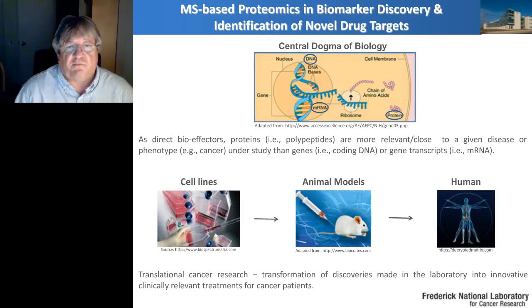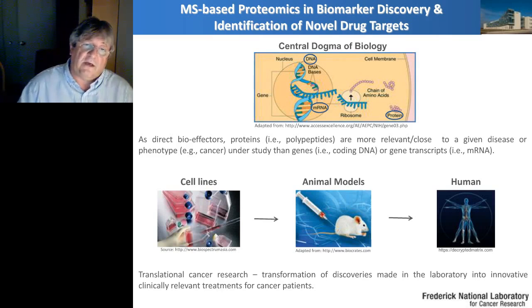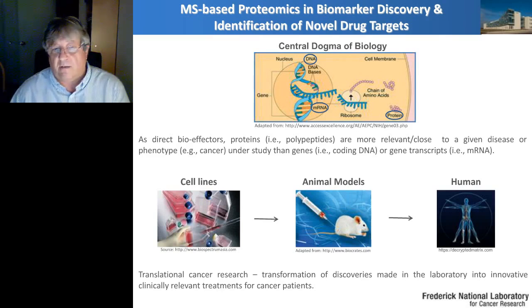So a little bit about proteomics. I would like to just say what the central dogma of biology is. We have DNA, which is transcribed to messenger RNA, and we have the protein. All of those polymers, DNA stretches, mRNA stretches and polypeptides, can be used to track the cancer, but we believe that proteins as direct bioeffectors are more relevant to a given disease phenotype than the genes or mRNA.